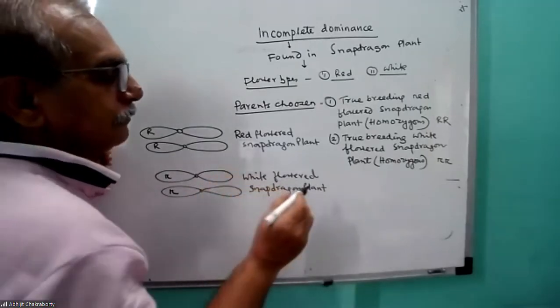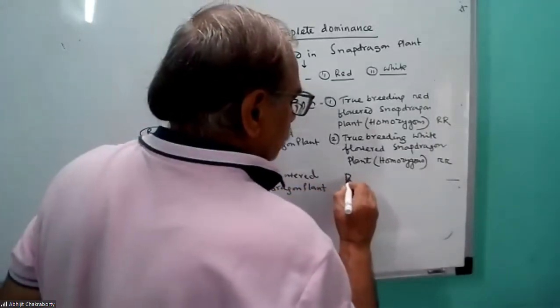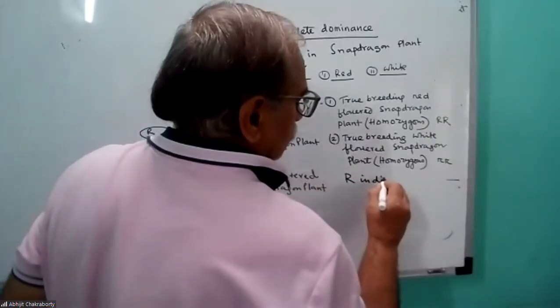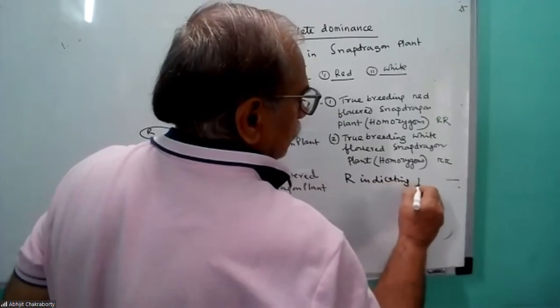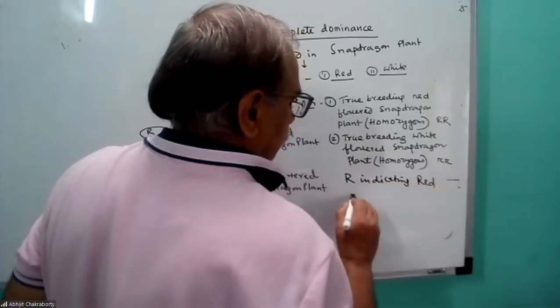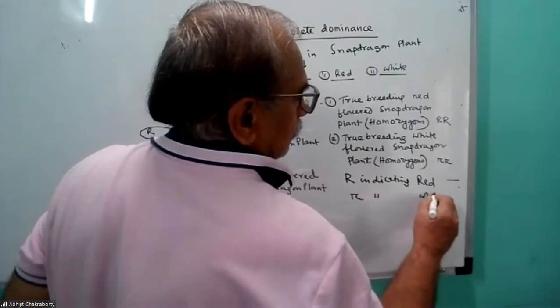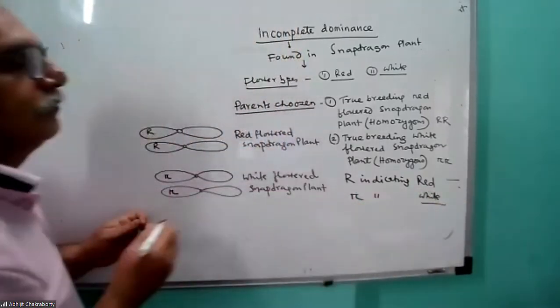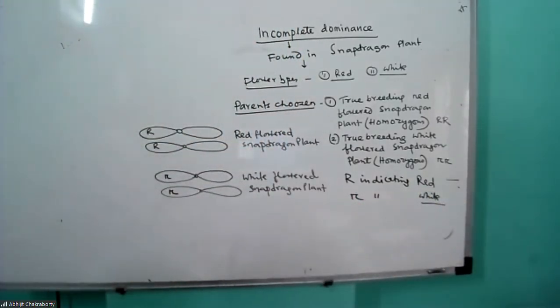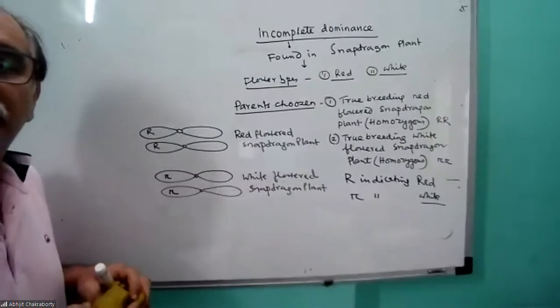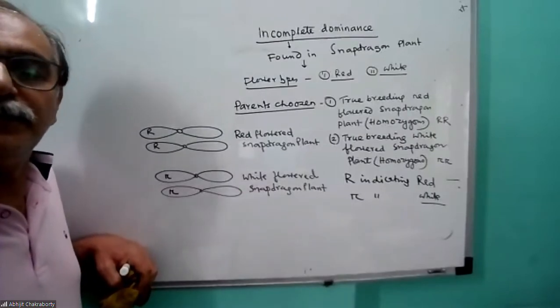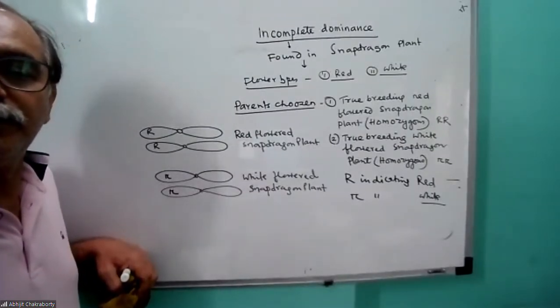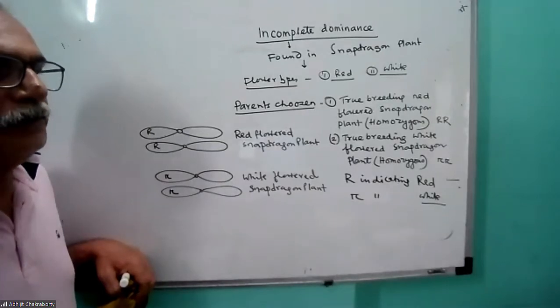Now you see, now about the cross. I'm rubbing it out. Can I rub it out now? Sir, please wait. Sir, what is written?